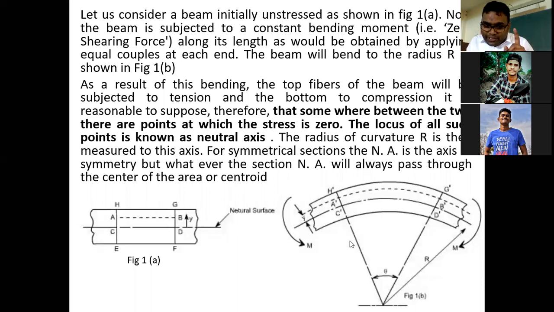If you extend this line, where this line and this line intersect is called the radius of curvature of that element, which is bent now. HG becomes H dash G dash, AB becomes A dash B dash, and the neutral axis becomes C dash D dash.